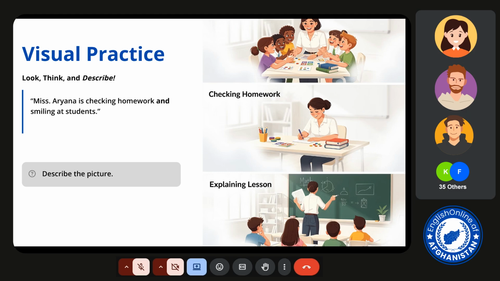I think that teacher Aryana likes bright colors. The third picture, you can see that the good teacher is writing math questions, and the students are looking at the board carefully. After that, the students are writing questions and answering them. The teacher is very attentive to his students.